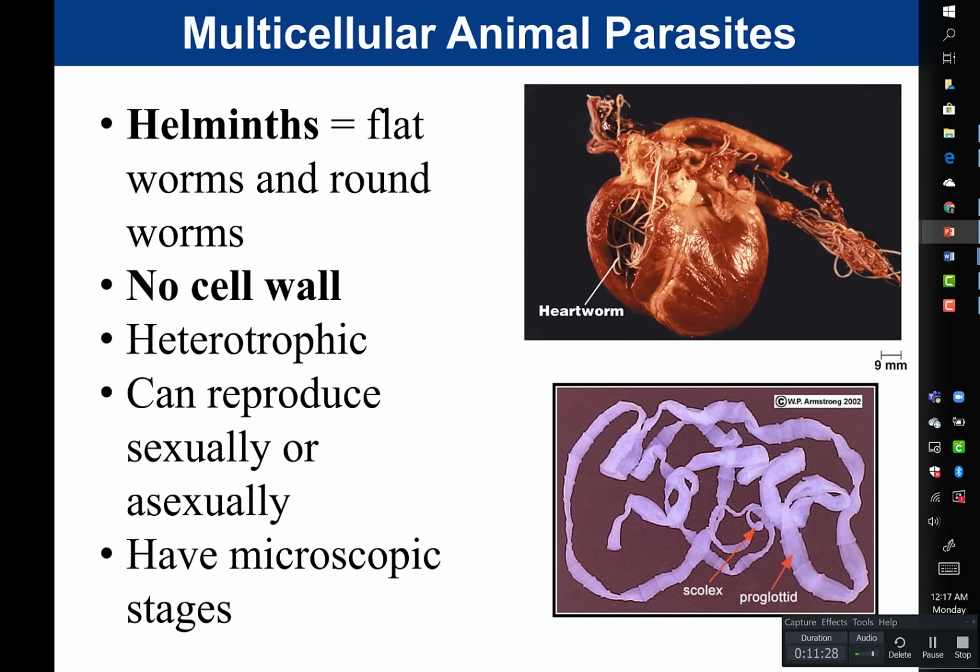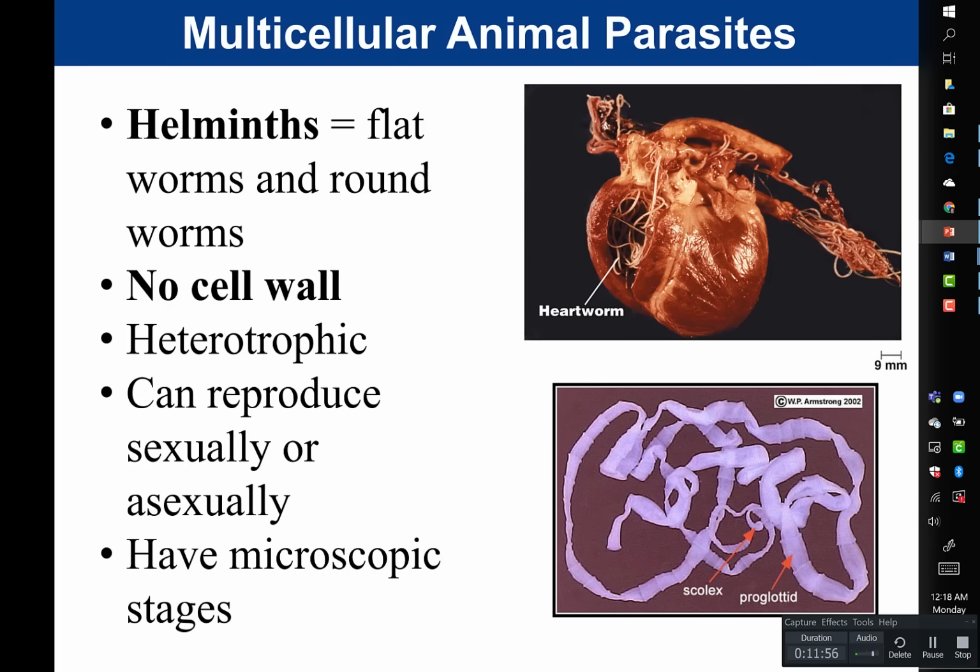Because they are made of animal cells, they're animals, right? These worms are animals. Their cells lack a cell wall, so they don't have that rigid cell wall. They are heterotrophic. They're other feeders. Animals have to feed in order to survive. We can't make our own food. These organisms could reproduce sexually or asexually, so with a partner or without.